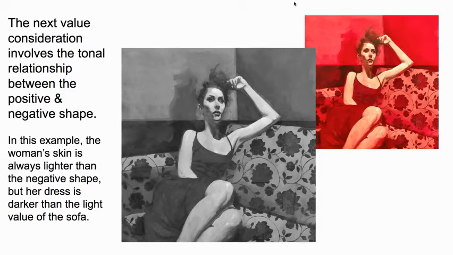I just want you to notice how this artist strategically decided that this wall would be a darker value than this wall, and that this wall would have a darker value than the woman's skin, or that the woman's skin would have a lighter value than the couch, or that her dress would be a darker value than the couch. And so if you look at the finished product, we can see all those individual shapes, not because they're outlined, but because of value contrast.